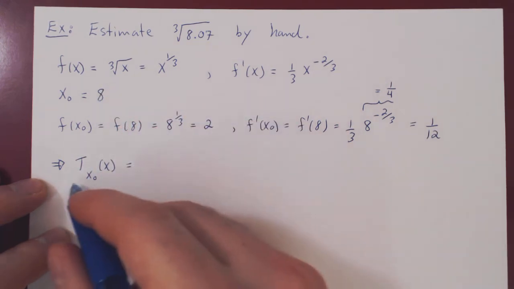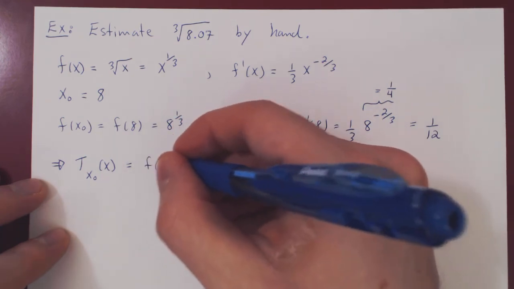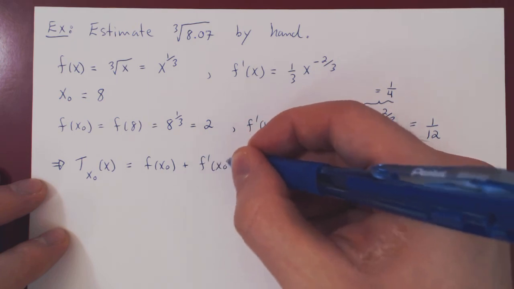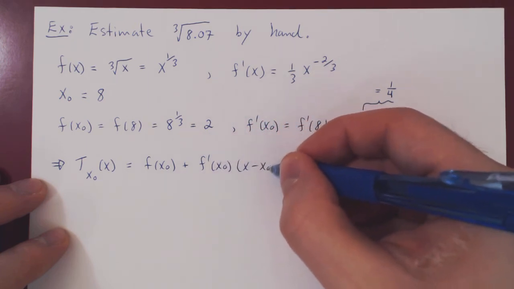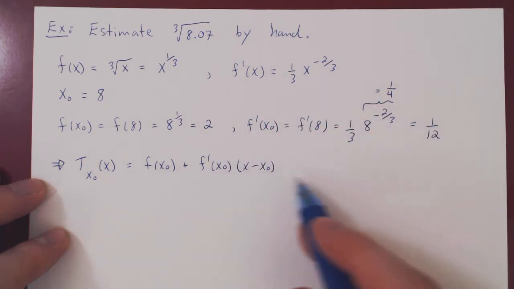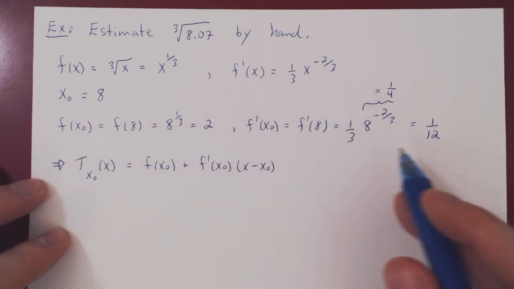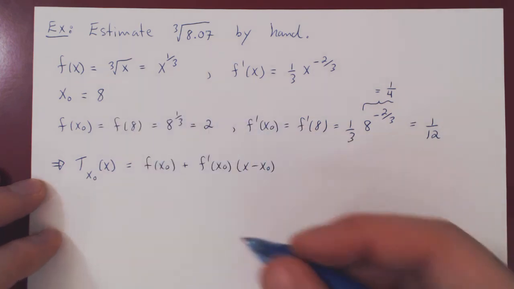If you remember, this is the general expression: f of x0 plus f prime at x0 times x minus x0. Let's replace x0, f of x0, and f prime of x0 by the given values.